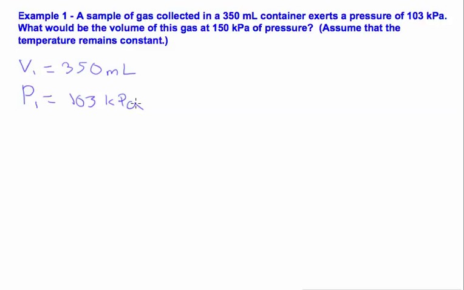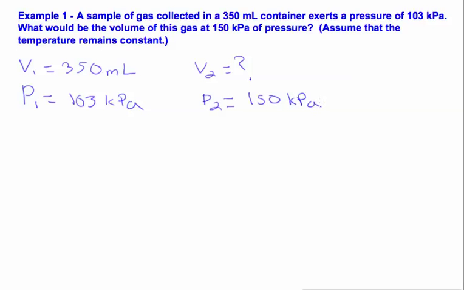It asks what would the volume of this gas be, so we know that's what we're looking for. What would be the volume at 150 kPa? And it's written, assume that the temperature remains constant.